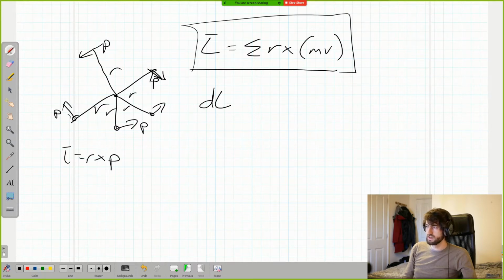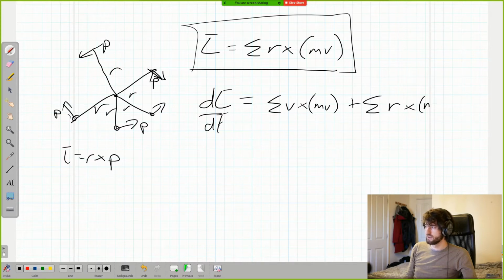Well, if we do dl by dt, so we differentiate the momentum of the whole system, we're going to get dr by dt, which is v, crossed with mv, plus r cross m times dv by dt.